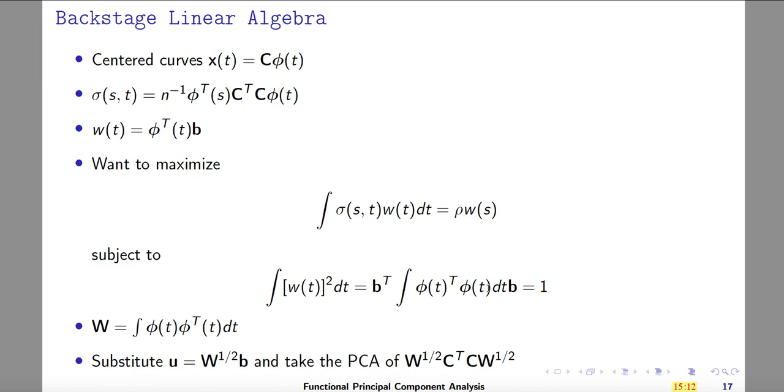We will call this complicated multiplication of the basis functions the matrix W. I think here the transpose should be on the second phi of t; it's a typo. So this W should be a J by J matrix.